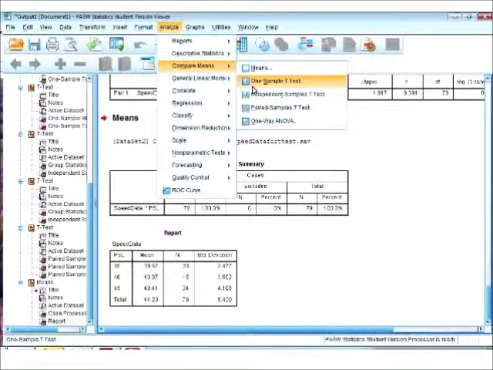So we had different categories of roadways and we wanted to see whether the speeds of the vehicles on these different roadways are significantly different or not. That is how we use the independent sample t-test. And paired sample t-test is actually the before and after, usually, that we conduct a test, we do any improvement, and then we conduct the test again, and then we compare the means to see whether whatever improvements we implemented were effective or not.